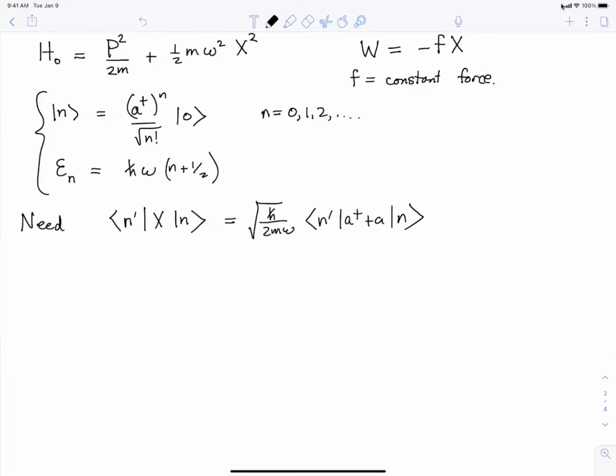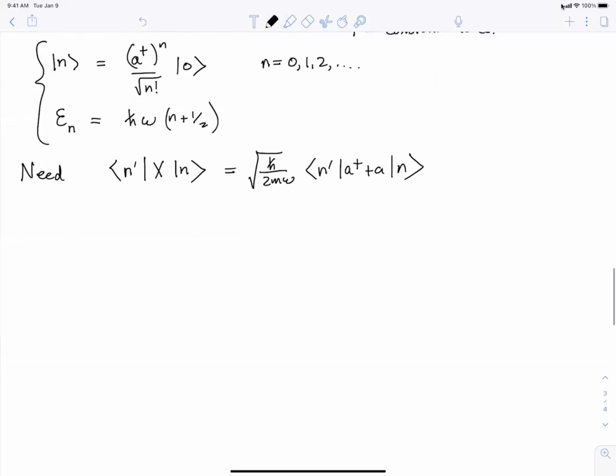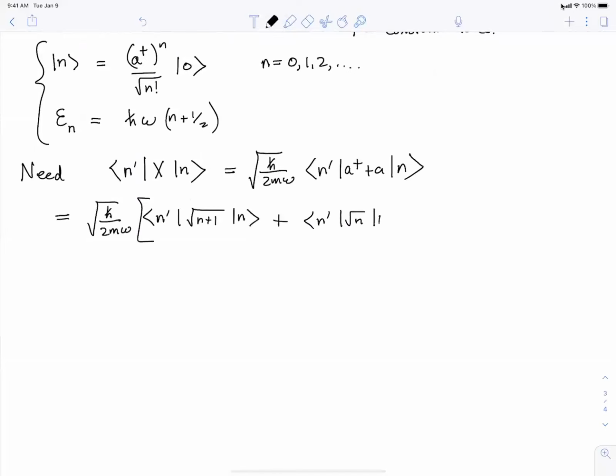Now you can do this in position space, but it's usually a better idea, when you can, to work with creation and annihilation operators, because now you can just look at how those a and a† act on the state |n⟩. They give you back a constant.